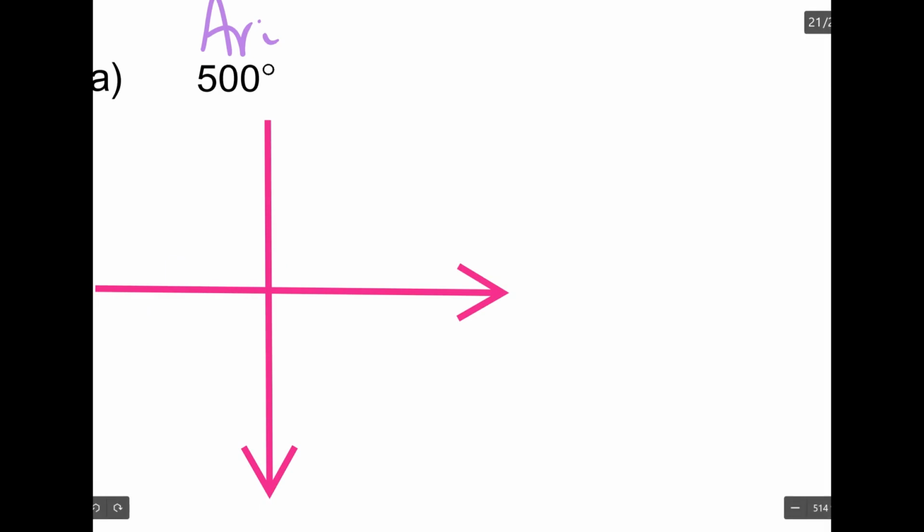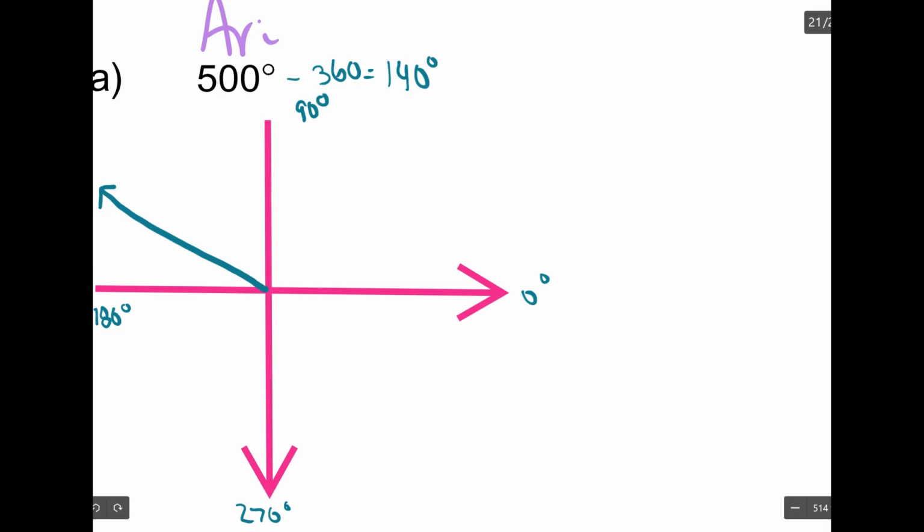So first, in order to graph the 500 degrees, we should subtract 360, and that is 140. So then we know this is 0 degrees, this is 90, this is 180, and this is 270. So 140 is going to be here.